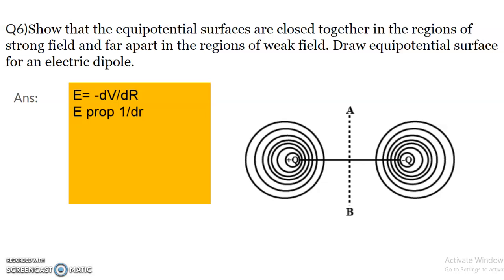So that's how we can show, we have to basically use this formula and draw this diagram, and that's how it is written.